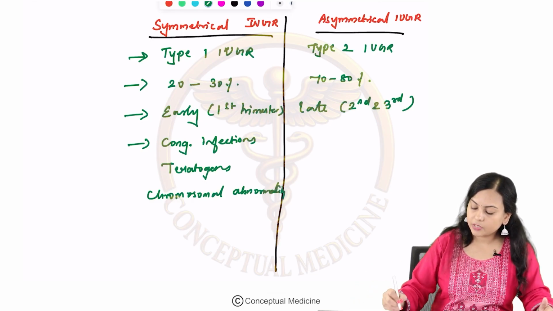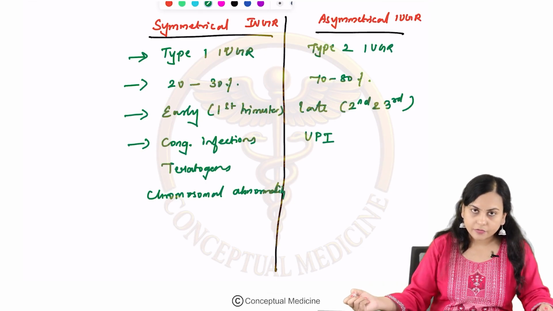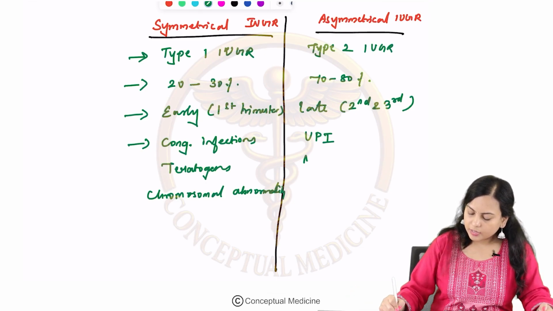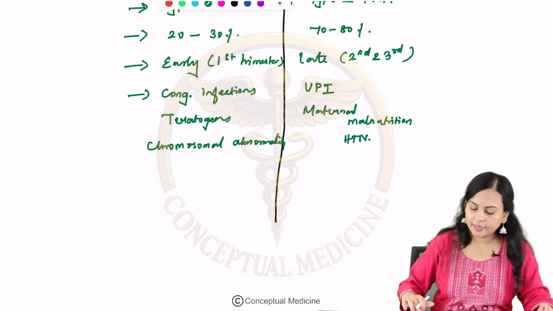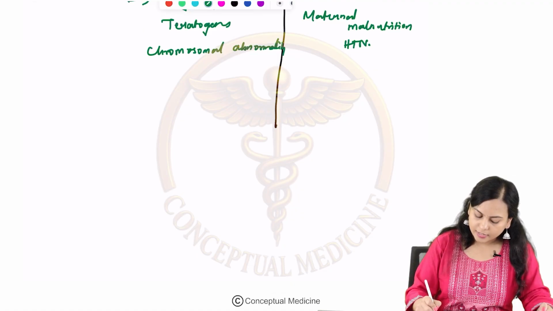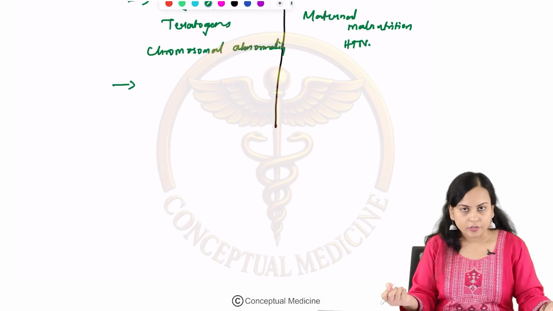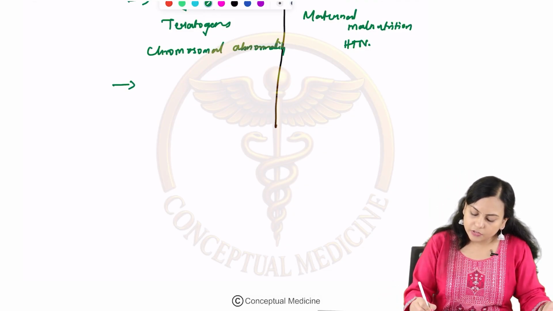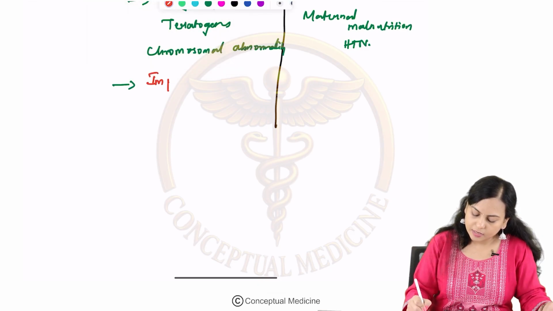Whereas in asymmetrical IUGR, most of the times it will be due to uteroplacental insufficiency, or there can be maternal malnutrition, or there can be maternal hypertension. Clear? Right. And then what is the pathophysiology that is leading to symmetrical IUGR. Pathophysiology includes, there is impaired cell division.